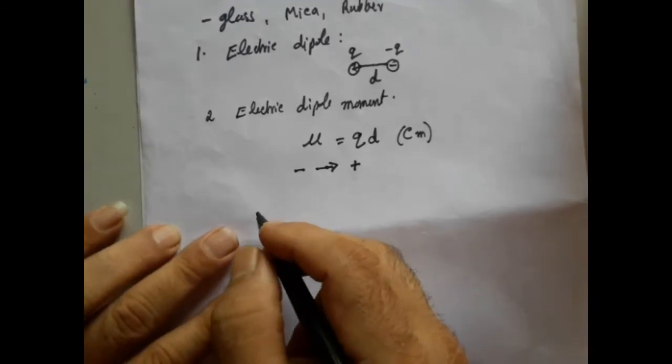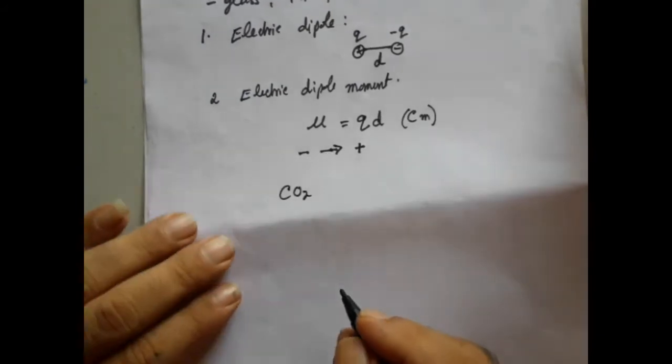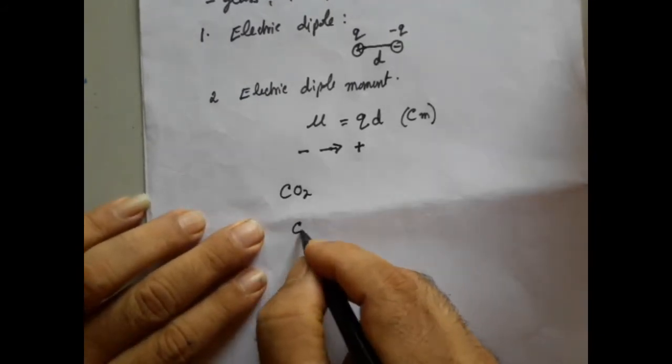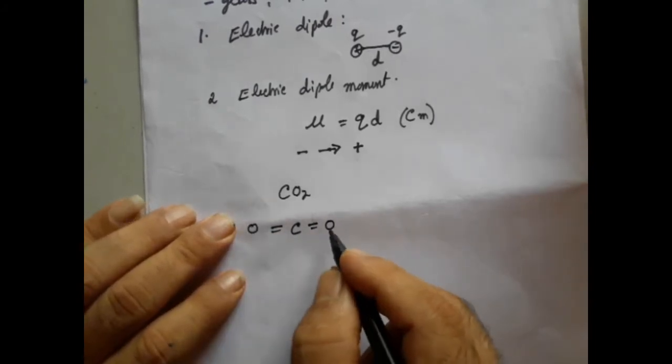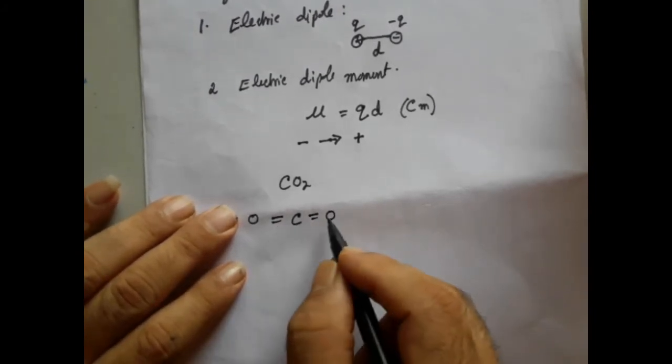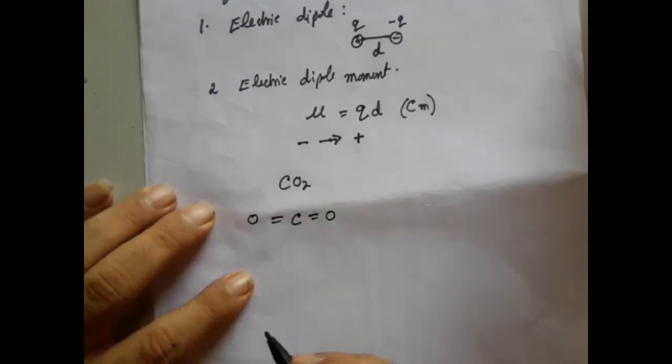In the first example, I will take carbon dioxide. We are aware carbon dioxide has two oxygen atoms with a single carbon atom.